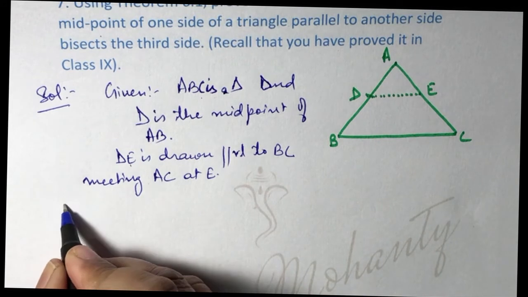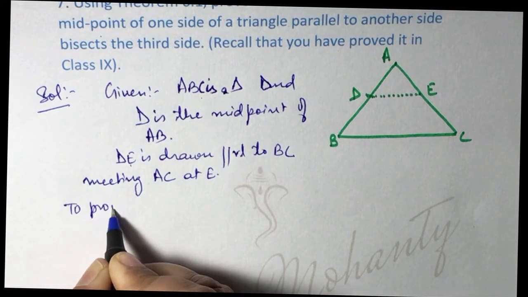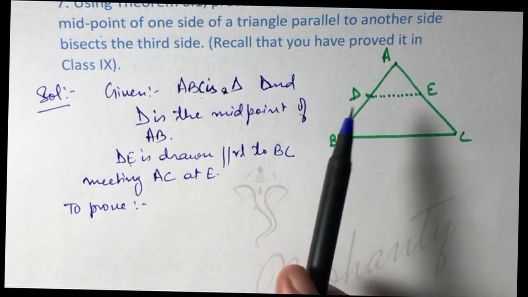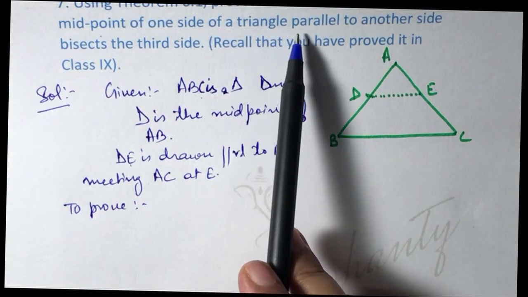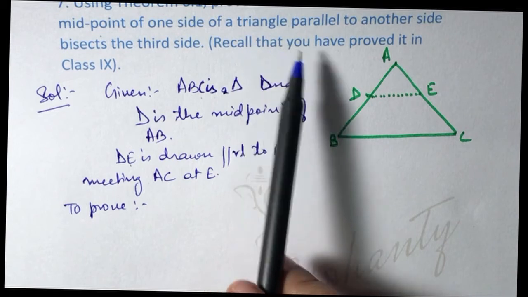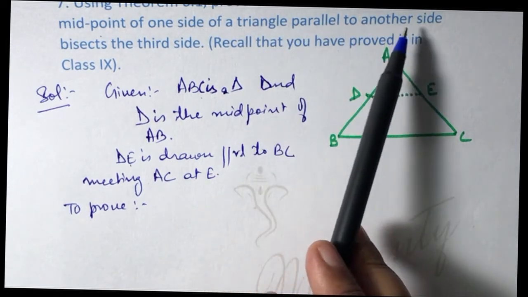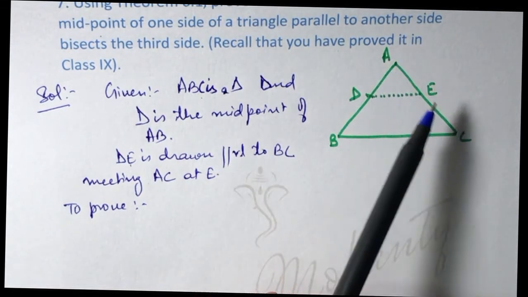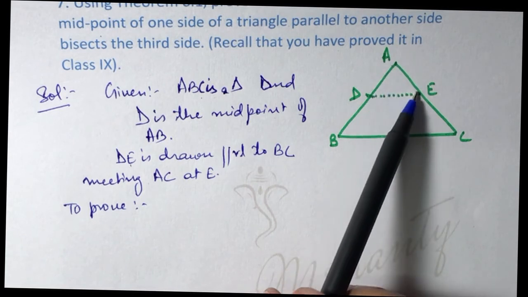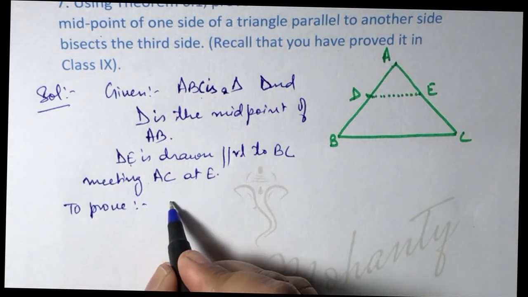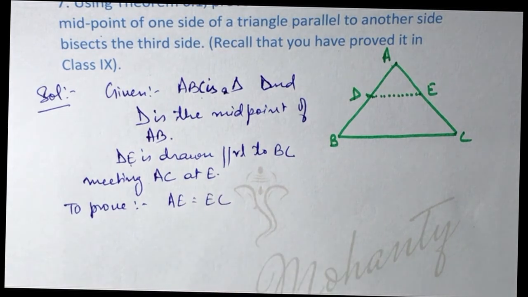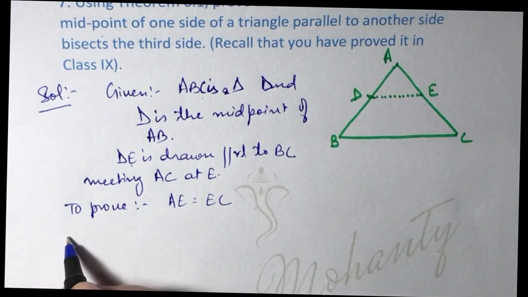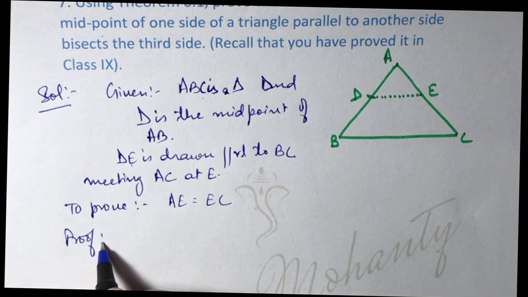Now what is to prove? You have to prove that this line DE, which is parallel to another side, bisects the third side. That means AE is equal to EC. We have to prove AE is equal to EC. So let us start the proof.